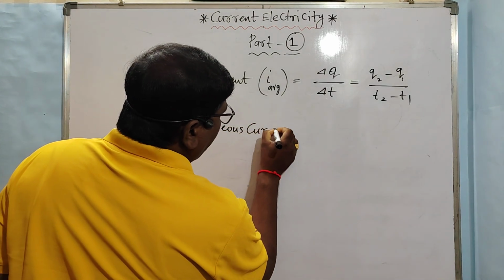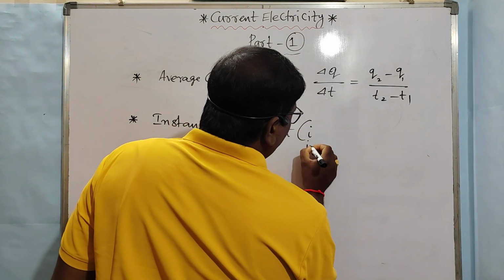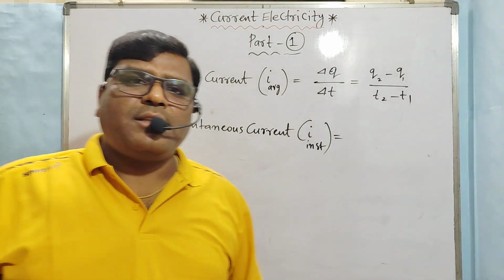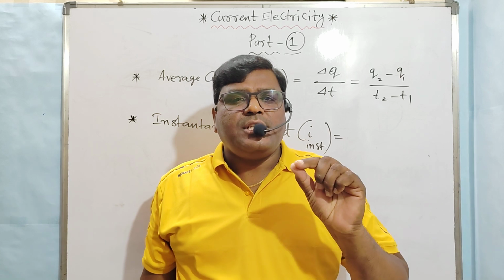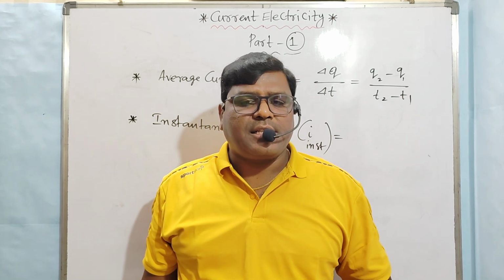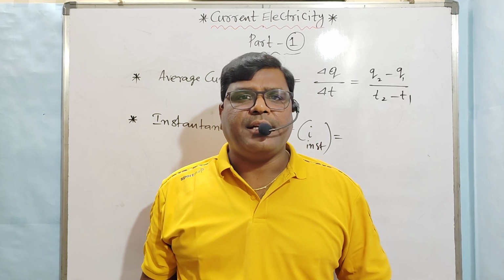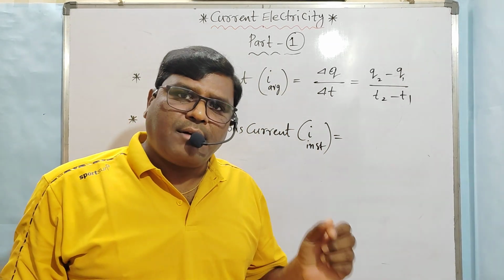Instantaneous electric current, or instantaneous current, denoted by I. If the charge is flowing through the conductor continuously, the current can be different in different intervals of time.